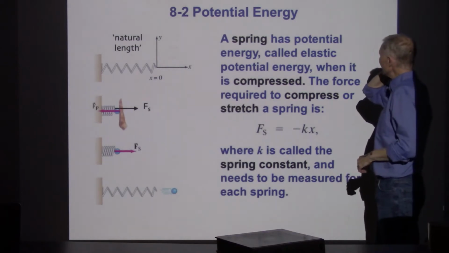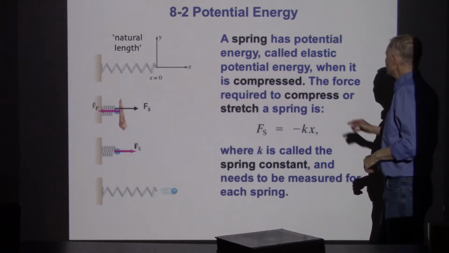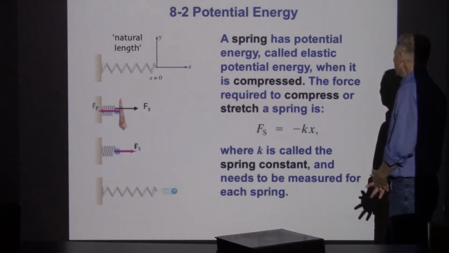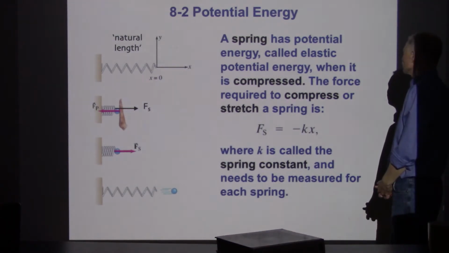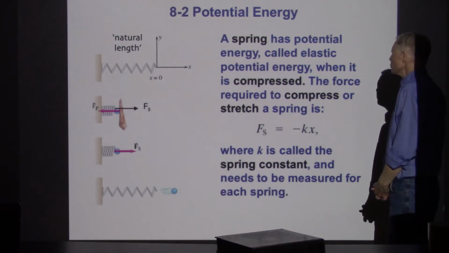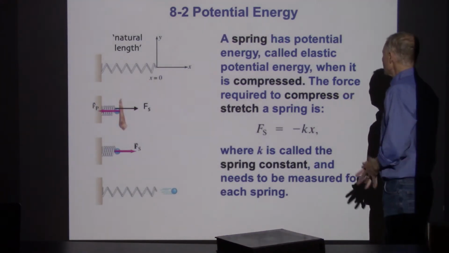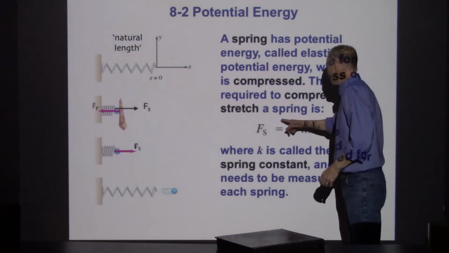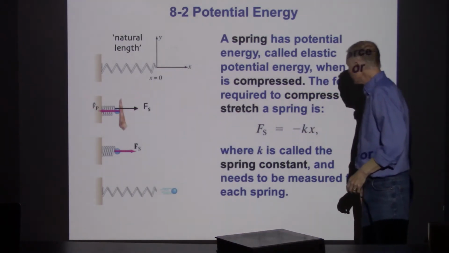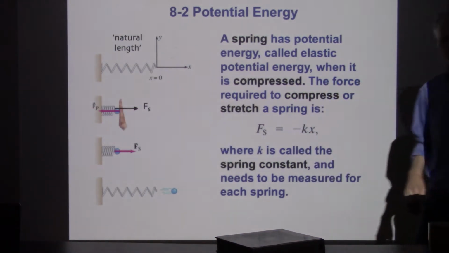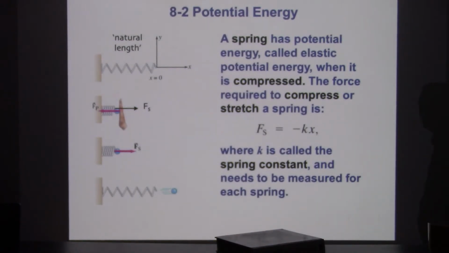A spring then has potential energy. They're going to call it elastic potential energy when it's compressed. Just call it the energy in the spring, whether it's compressed or whether it's stretched. Now the force required to stretch a spring is kx, and again we talked about the minus and plus signs here. You kind of have to gauge that on your own as you move through these examples.